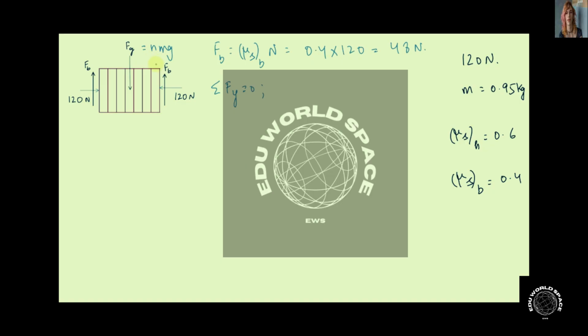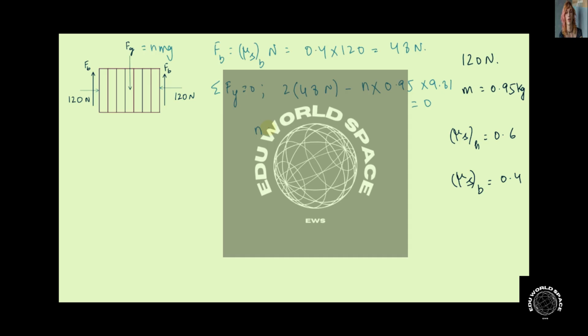So the vertical forces acting are the two friction forces, that means 2 times Fb, we have 48 Newton, minus n that we have to calculate, times m we are given as 0.95 kg, because the mass of each book is 0.95 kg, times 9.81, the value of g is 9.81, equals to 0.